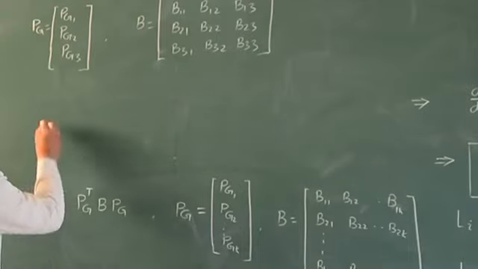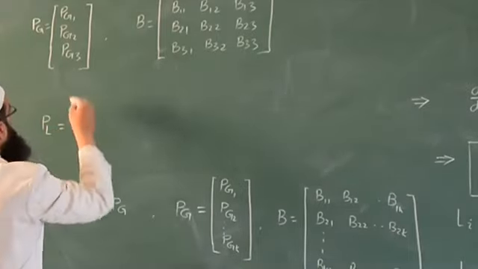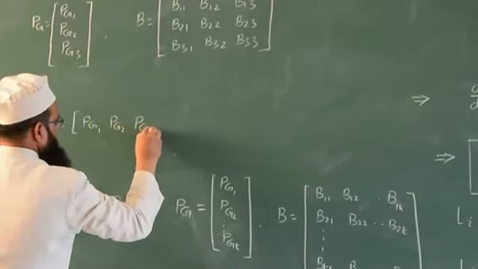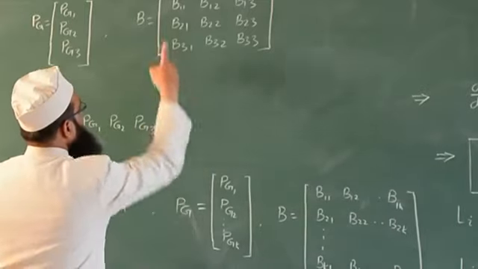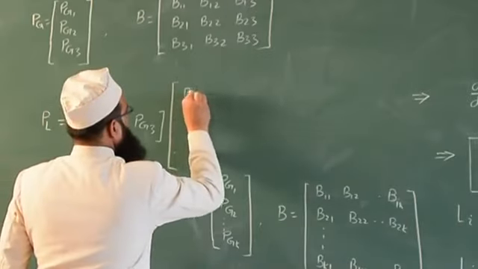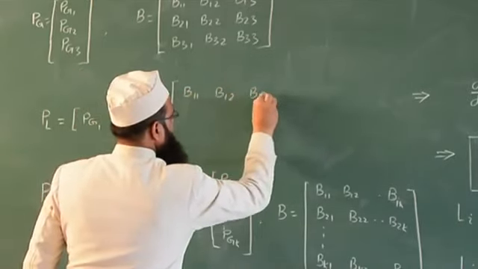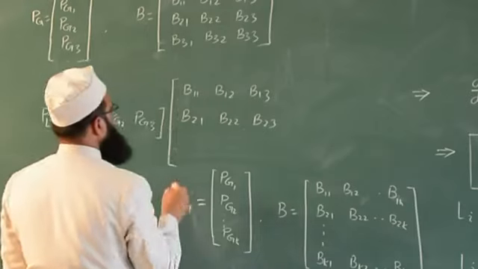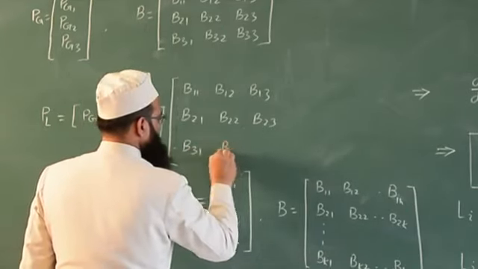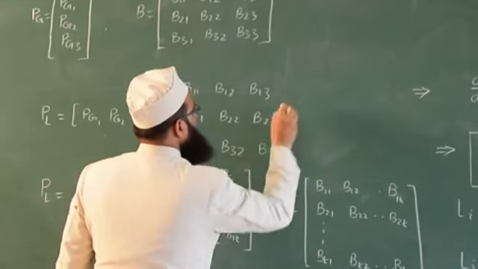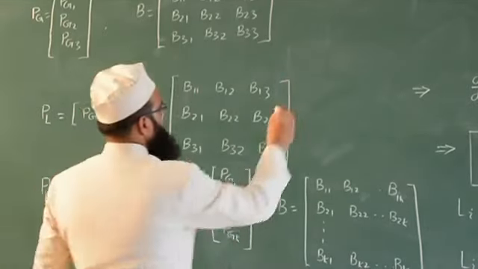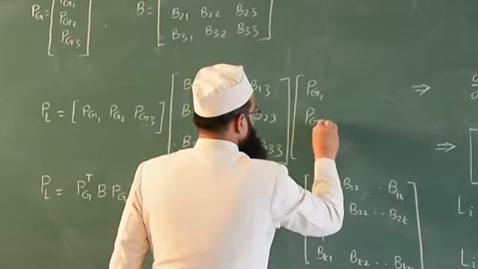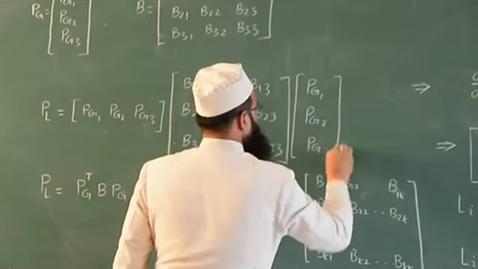PL will be PG transpose, that is PG1, PG2, PG3, times B, that is B11, B12, B13, B21, B22, B23, B31, B32, B33, times PG, where PG is PG1, PG2, PG3. Solve it.